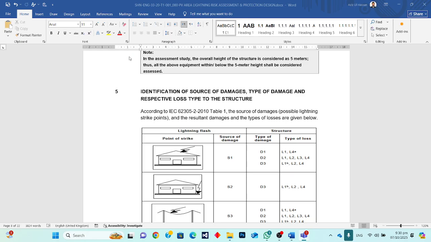So we will move on to the next step. The other one is the identification of the sources of damage, type of damage, and the respective loss type to the structures.